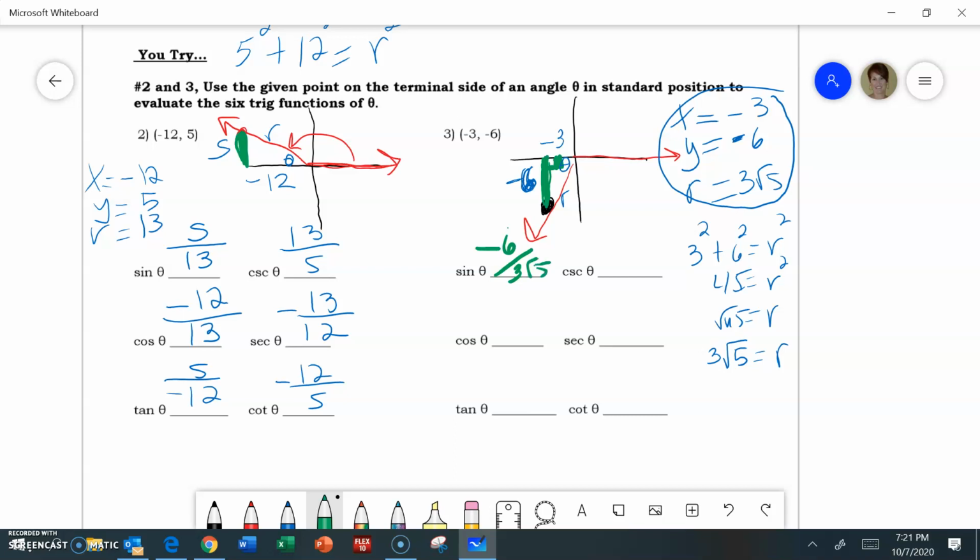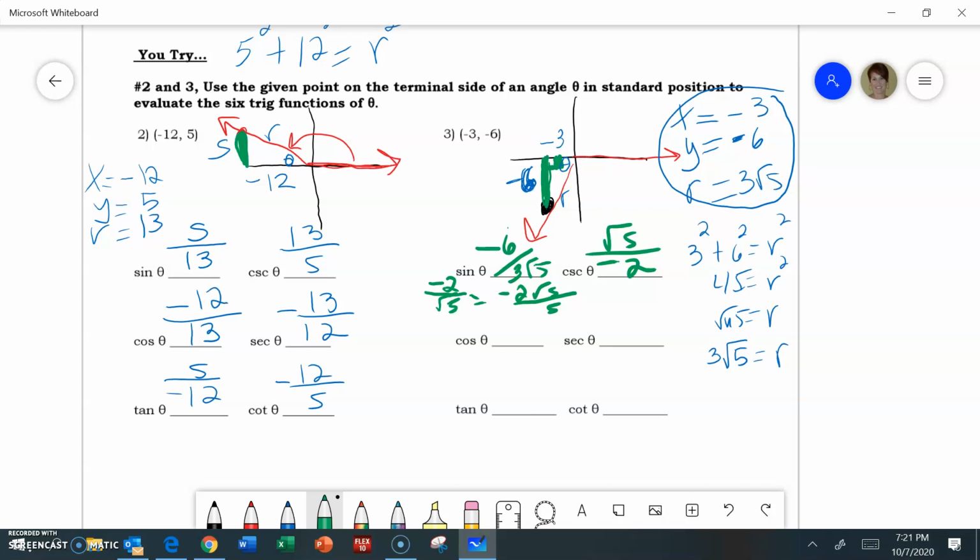So when we have -6 over 3 radical 5, I personally would probably simplify this first to -2 over radical 5. Then I would rationalize the denominator. So your final answer should be -2 radical 5 over 5. Now your cosecant would be the reciprocal, and that's just radical 5 over -2.